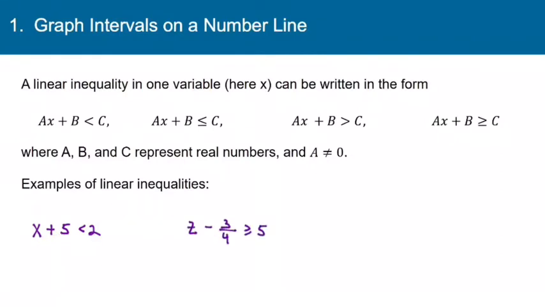We could have z minus 3/4 is greater than or equal to 5. In this case, the a number would be 1, the b number would be minus 3/4, and the c number would be 5. Or we could have 2k plus 5 is less than or equal to 10. And all three of these are linear inequalities.